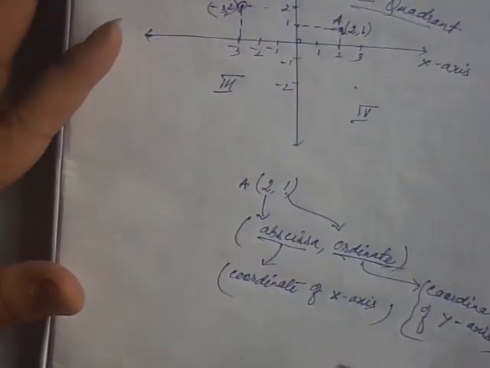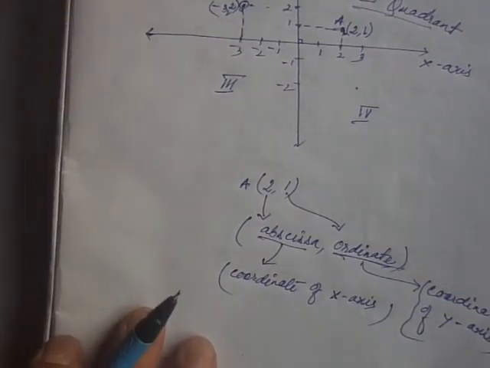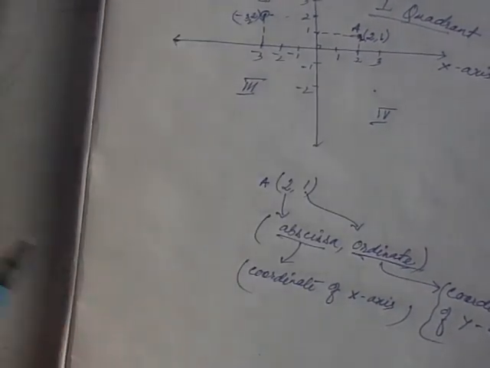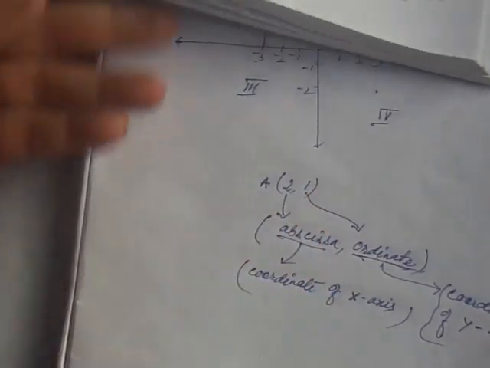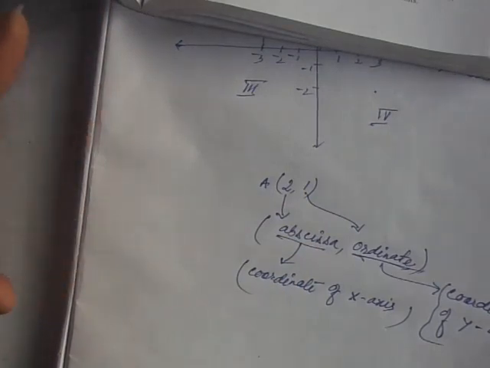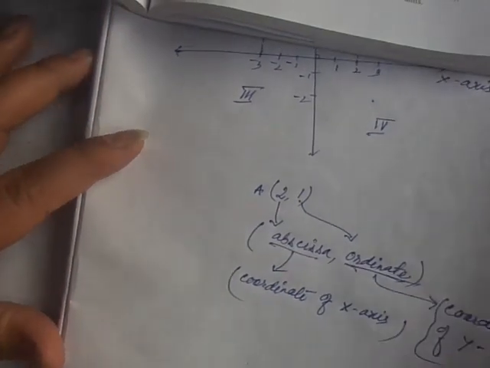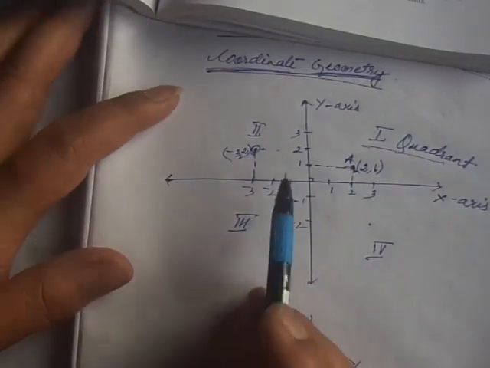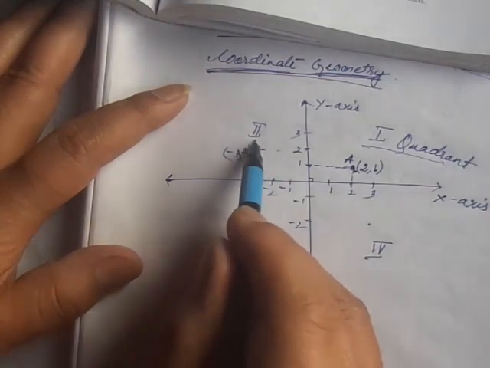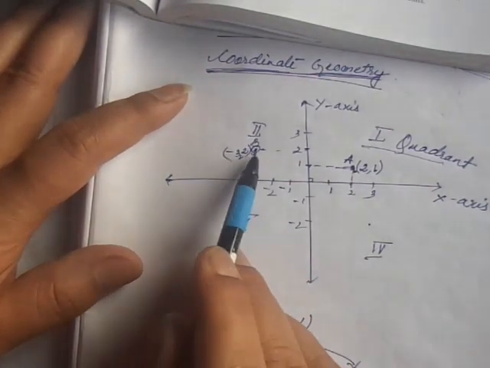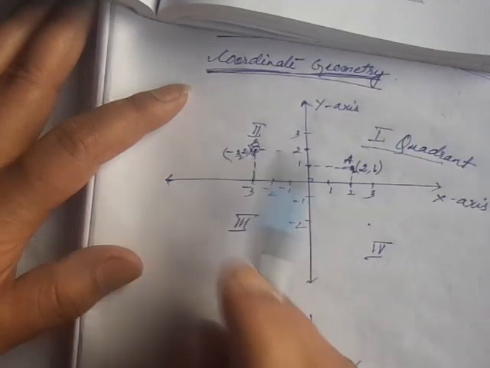So in this class 10, what we are going to learn in this coordinate geometry is basically 3 things: distance formula, then section formula, and area of triangle. So with the distance formula, if we know the coordinates of 2 points, let's say A and B, we can find the distance between them.